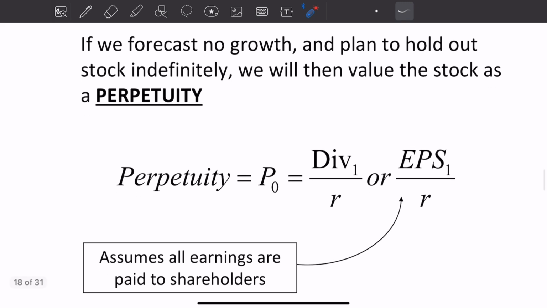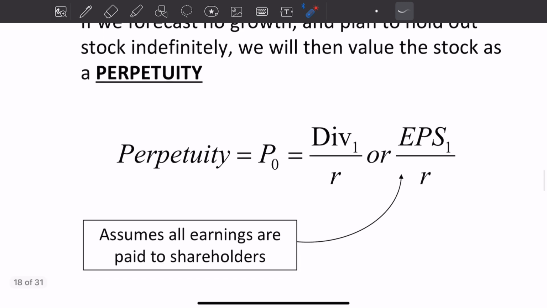We have also another special case that derives from this. We can also calculate the value of the stock today, or the price of the stock today, by dividing the earnings per share by R instead of dividing the dividends. And this is only done if the payout ratio of the company is 100%.